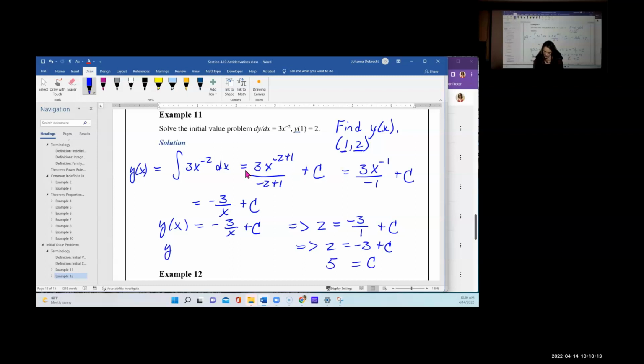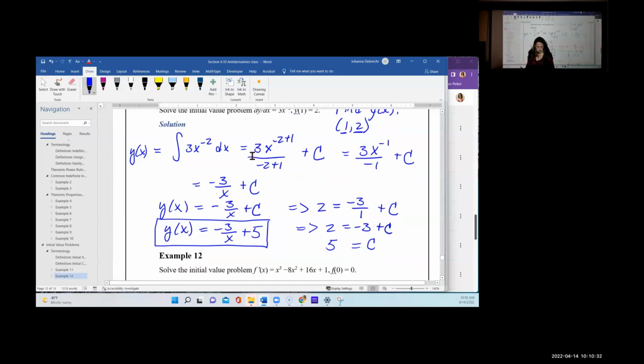And then the last thing we do is rewrite the equation with the constant in it. And that becomes our actual equation for this particular problem. So it's an initial value problem, and that's the value that we were given, (1, 2).